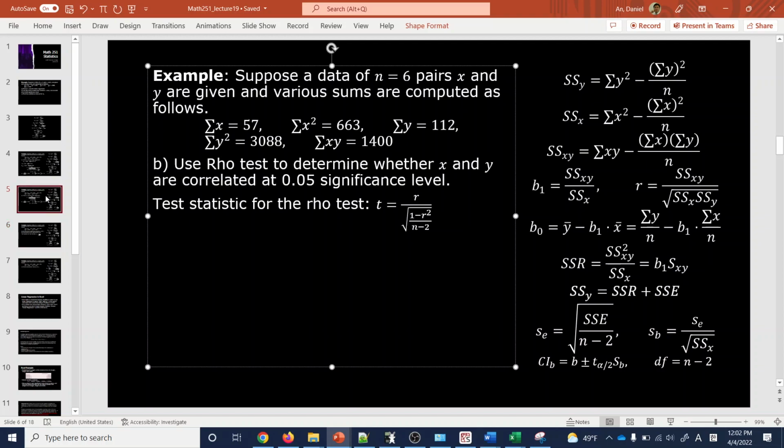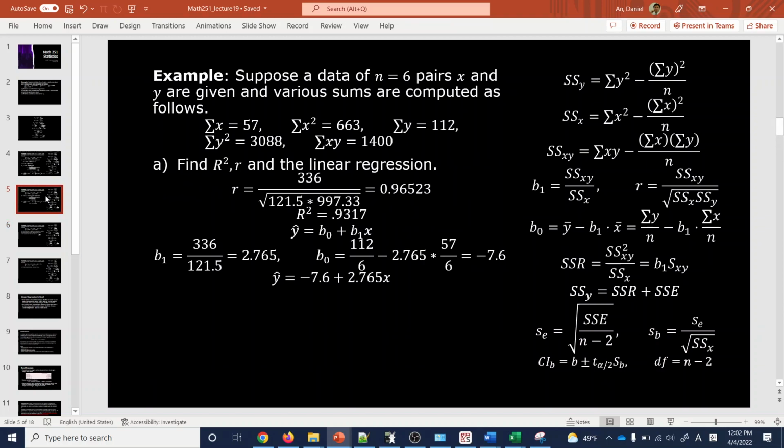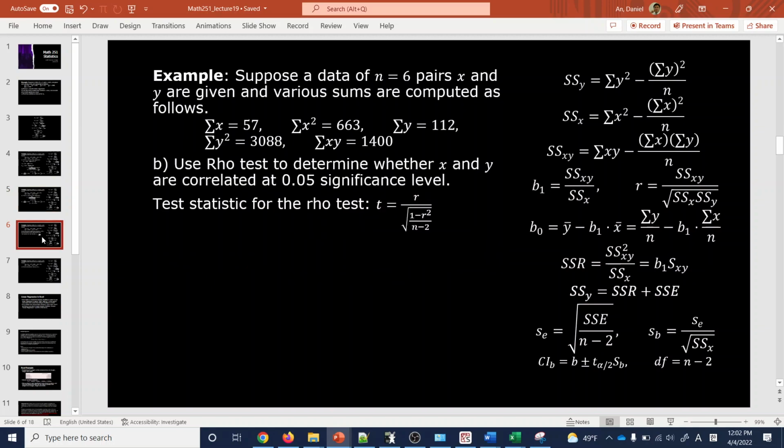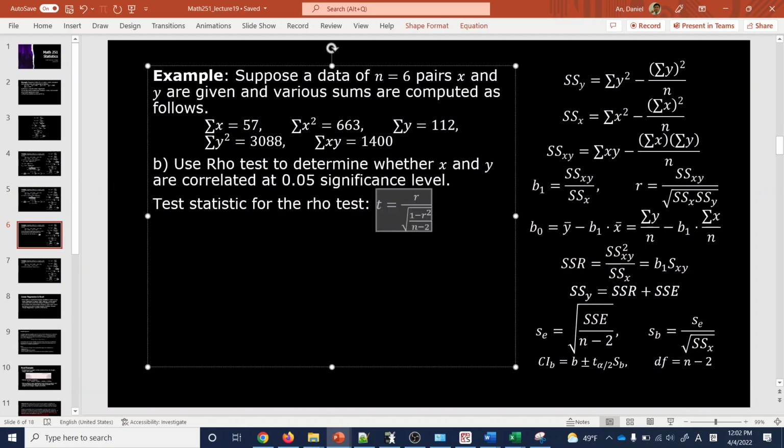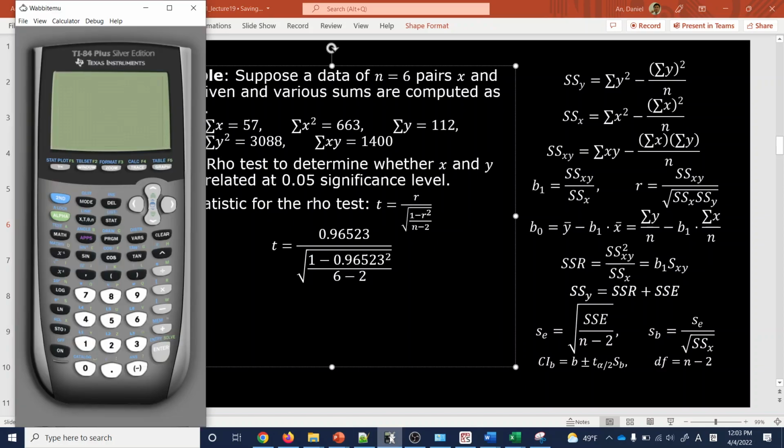Our R value was 0.96523. So in our case, this will be 0.96523 here, and 0.96523 here. And what should I use for n? 6, okay? And let's compute this.